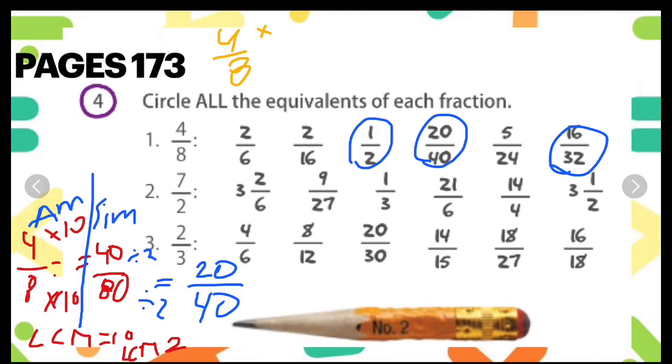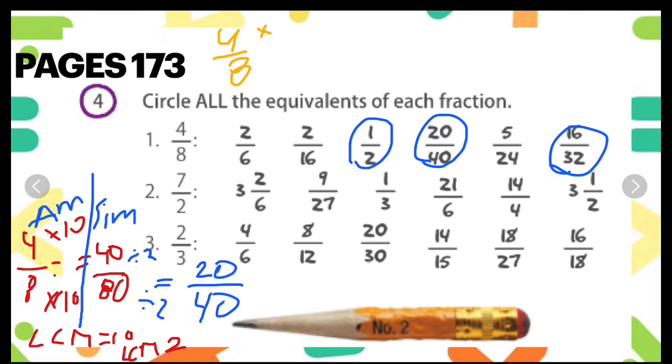In this case, what is your least common multiple? Your least common multiple can be 4. Okay, so how do I amplify it? Well, because this is bigger, right? This 16 over 32 is bigger than 4/8.